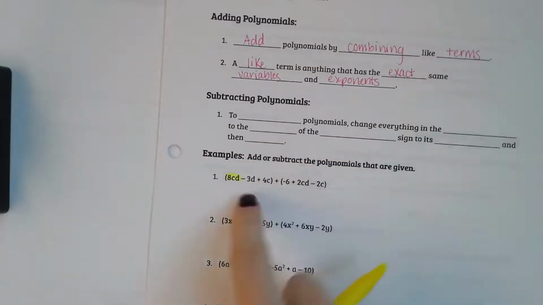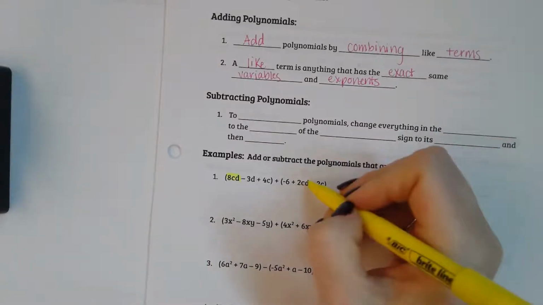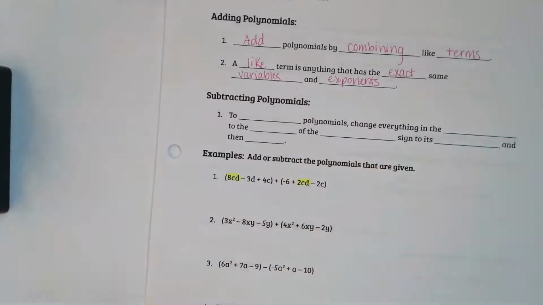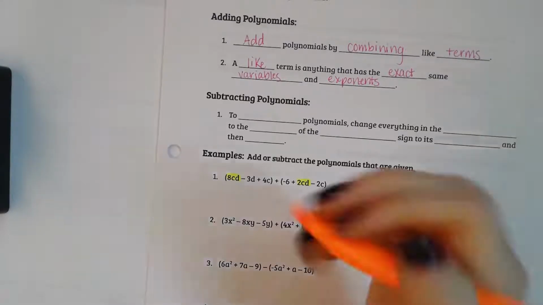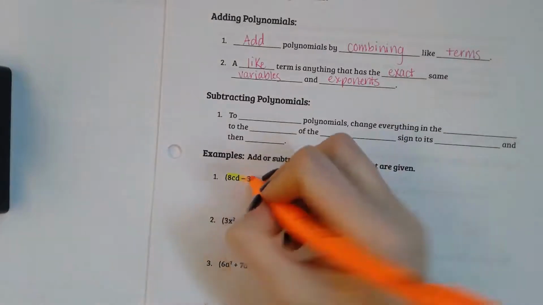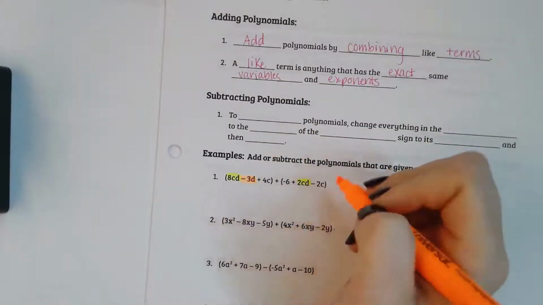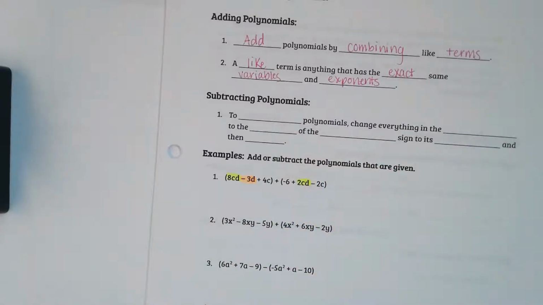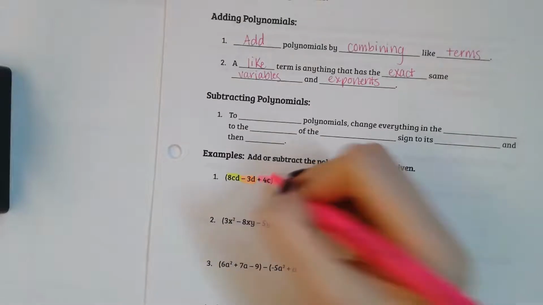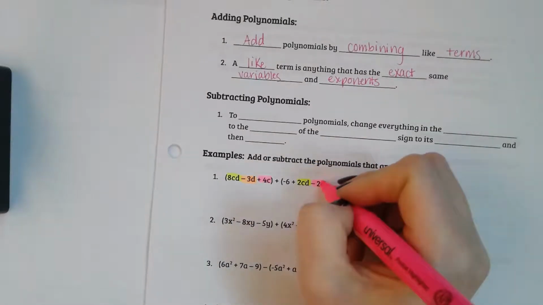So I need something else that also has just a C and a D. So CD. And then I've got this minus 3D. We don't have anything else with just a D, so I'm not going to highlight anything else. And then plus the 4C, and then minus the 2C.